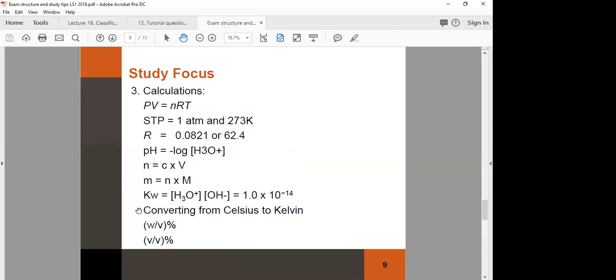Know how to convert from Celsius to Kelvin, and how to calculate weight per volume percentage and volume per volume percentage. Okay, so make sure you revisit these calculations so that you feel comfortable with them.